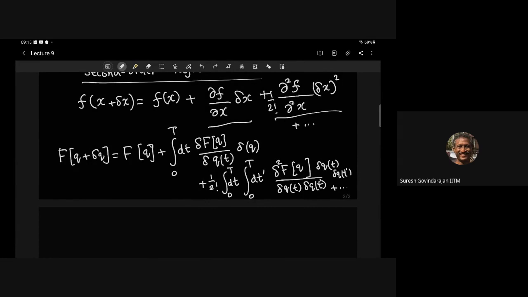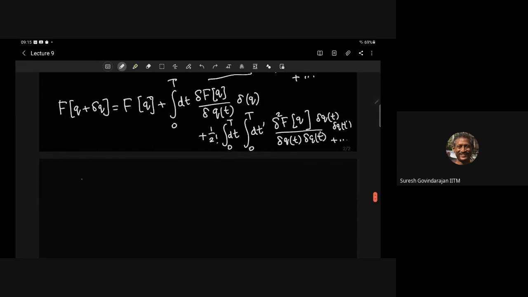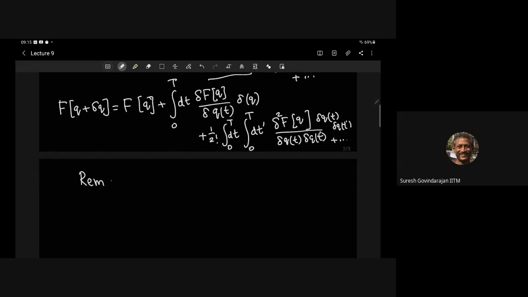So you can see that the object that we have defined here, so the remark here, the second functional derivative is a function of two times.